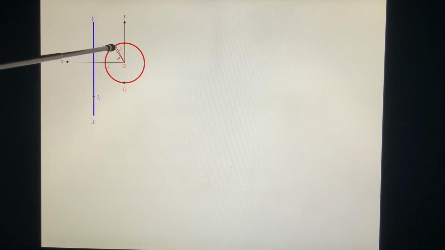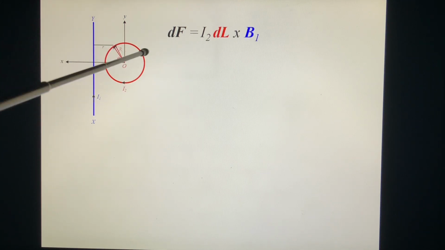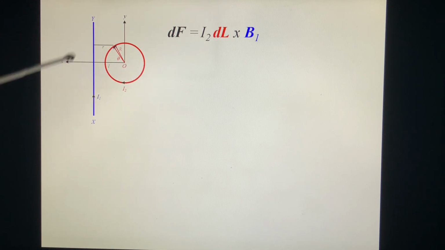We call this a d theta, and the length is r d theta. Let me calculate the force acting on it, because this magnetic field now was equal to I dL cross B. Okay. So dF equal to I2, this is the current, dL, this small section, cross B. That B is B1, produced by this one, I1.